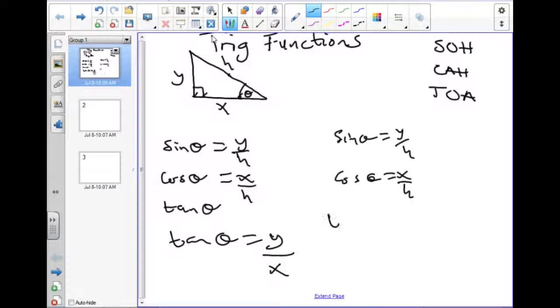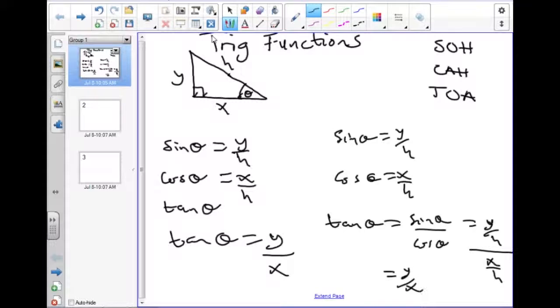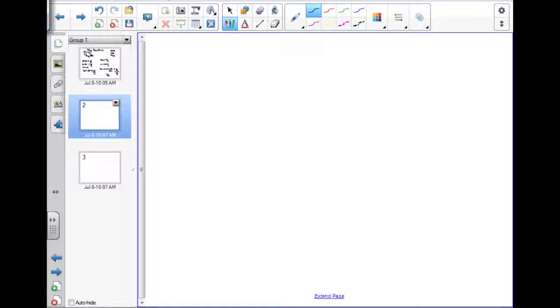So tan theta, which is the same as sine theta divided by cosine theta, is y divided by h, divided by cosine theta, which is x divided by h. And the two h's will cancel, so we'll have y divided by x, which is the same as using our TOA formula, which is O divided by A. We will look at an example and see how this goes.